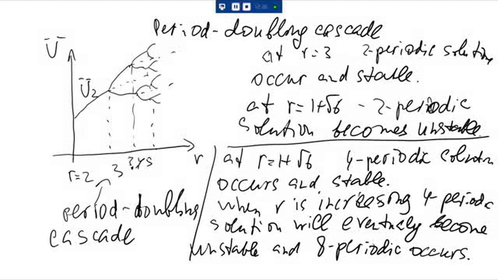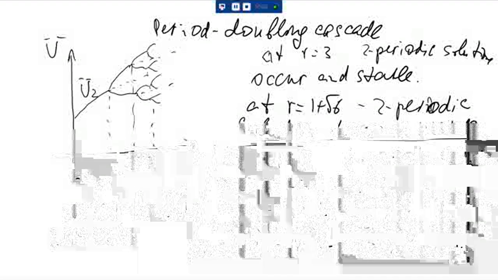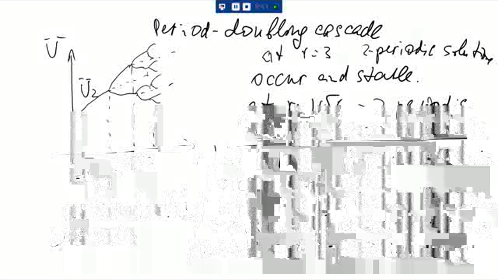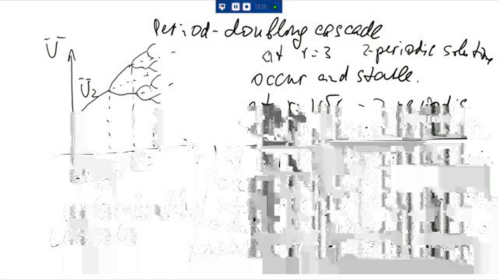Period doubling cascades are observed in many maps. This is a very common feature of maps, and there are two universal constants associated with period doubling cascades, which are called the first and second Feigenbaum constants.